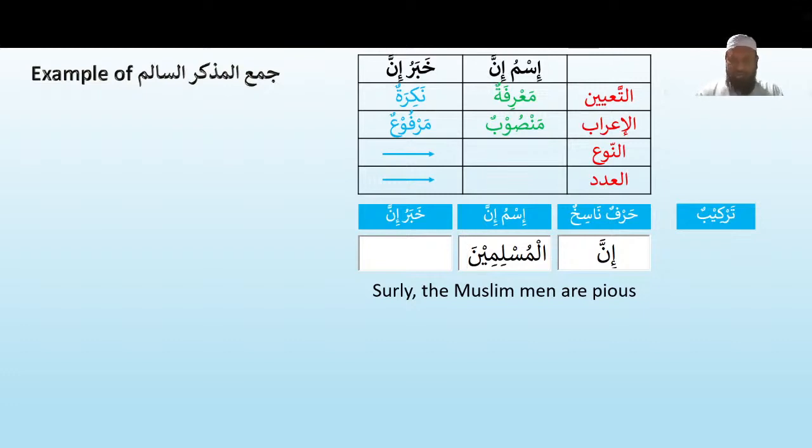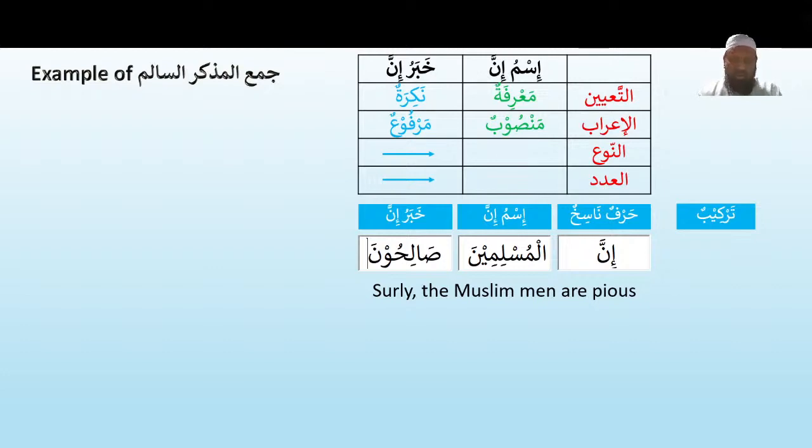إن المسلمين pious. Because it's nakira marfu, we need this in marfu case: صالحون. إن المسلمين صالحون. تركيب إن حرف ناسخ، المسلمين اسم إن، صالحون خبر إن.